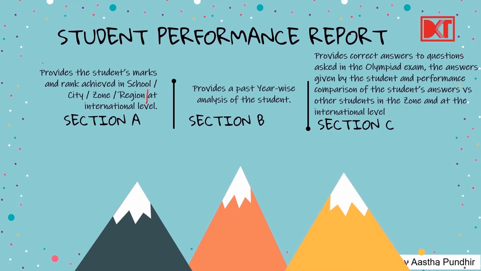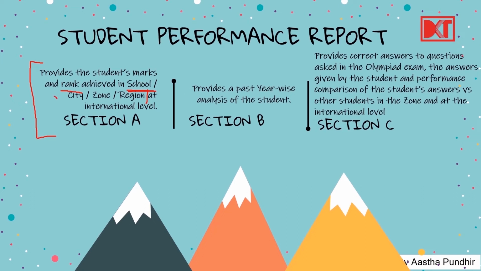Now here the section A, whatever questions were there in your question paper, whatever marks you have achieved, and as per those marks, whatever your rank is in your school. Now in your school means in your class. Obviously in whichever class you are, उसी class के हिसाब से आपकी school ranking आएगी.